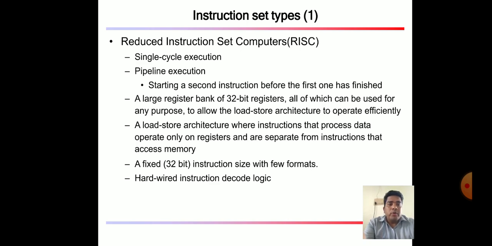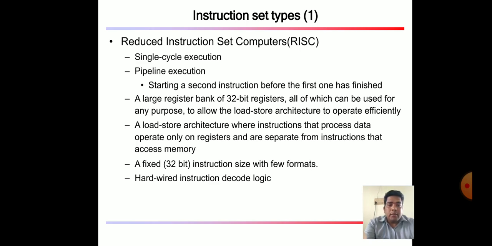It has a 32-bit register, a large register bank, all of which can be used for any purpose to allow the load store architecture to operate efficiently. One more advantage is the load store architecture, where the instructions that process the data operate only on registers and are separated from the instructions that access memory.